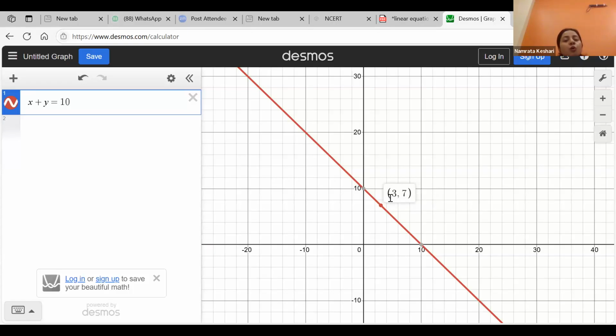Now let me show you all the possibilities. Your x can be minus 20, and your y can be 30. Check it. When you put x as minus 20 and y as 30 and add them, are you going to get whatever is there on the RHS?